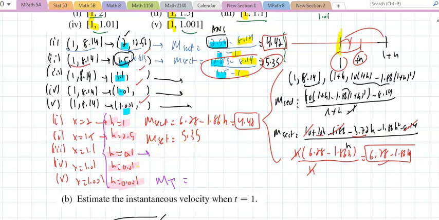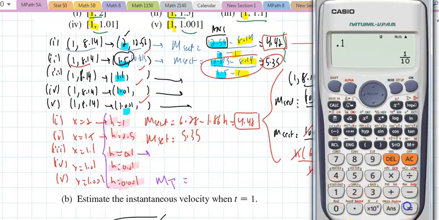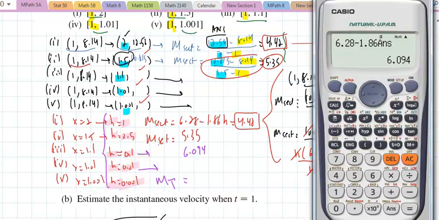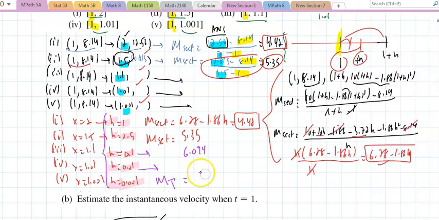So here, what do I get? I'll get my calculator, 0.1, enter, and evaluate, and there it is. 6.094. And if I go ahead and plug in the 0.01, there's something I'm hoping you're going to see. And if you don't see it, I'll point it out. 6.278, 6.278 what? 14.